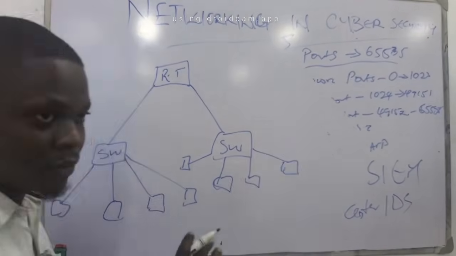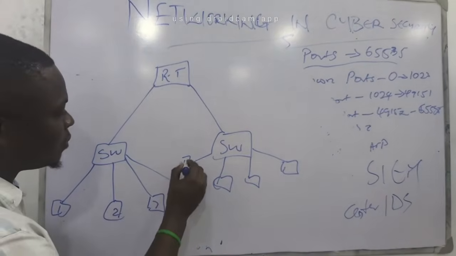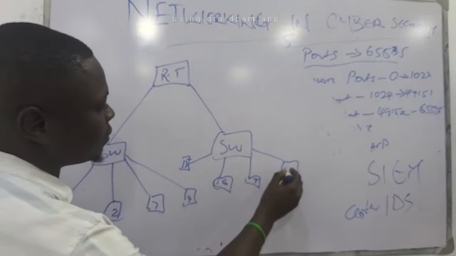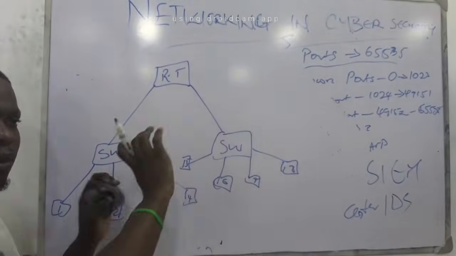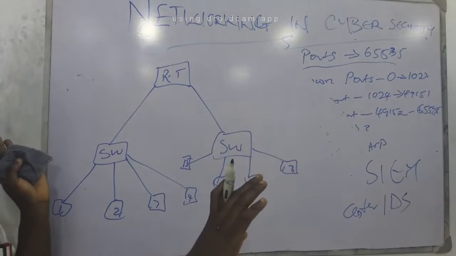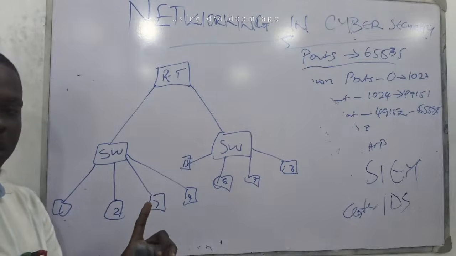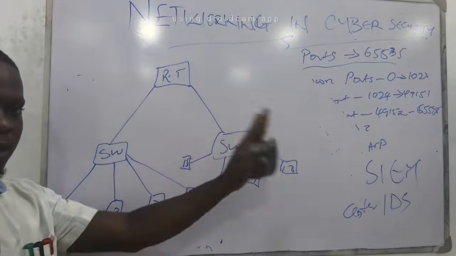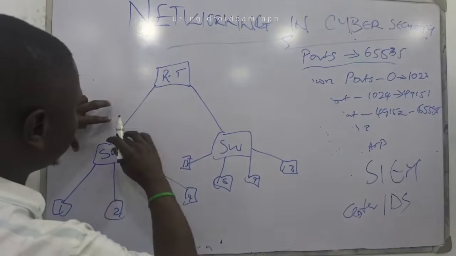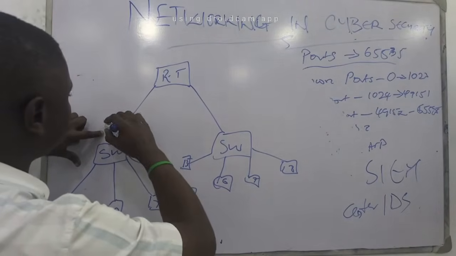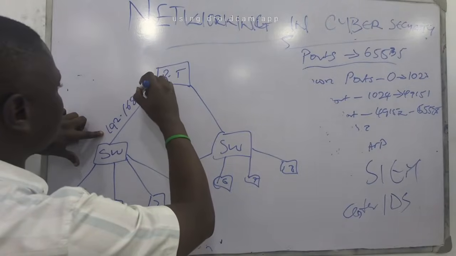Right. Altogether. This is PC 1, 2, 3, 4, 5, 6, 7, 8. Right? All these are called subnets. I broke my network into two different networks. So the IP address that I'll be giving to them will be different. It's what we call a gateway IP, which I'll explain moving on. This particular gateway IP on this router is 192.168.1.0.